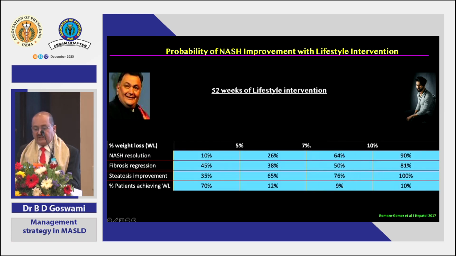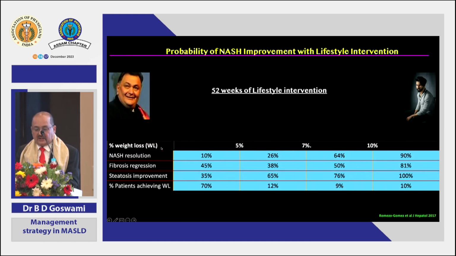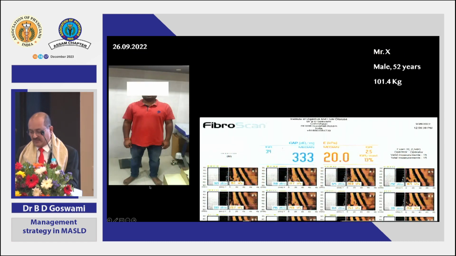So 52 weeks of total weight reduction, if you can maintain it, then this is the result. With 5%, 7%, 10% weight reduction, you get NASH regression, fibrosis regression, steatosis improvement, everything is possible.